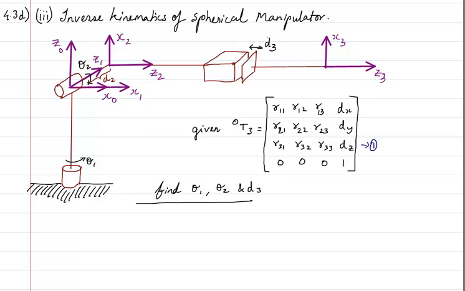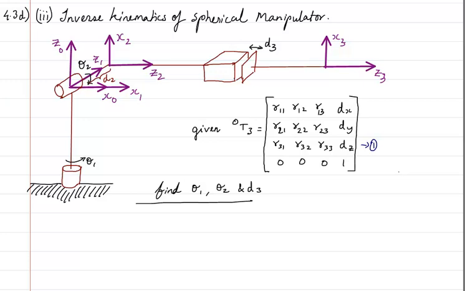These are the three joint variables when the position and orientation of the end effector is given by the matrix 0T3. Right now I have just written it as some notation, but in a numerical problem 0T3 will have some values, and based on that we have to find them.